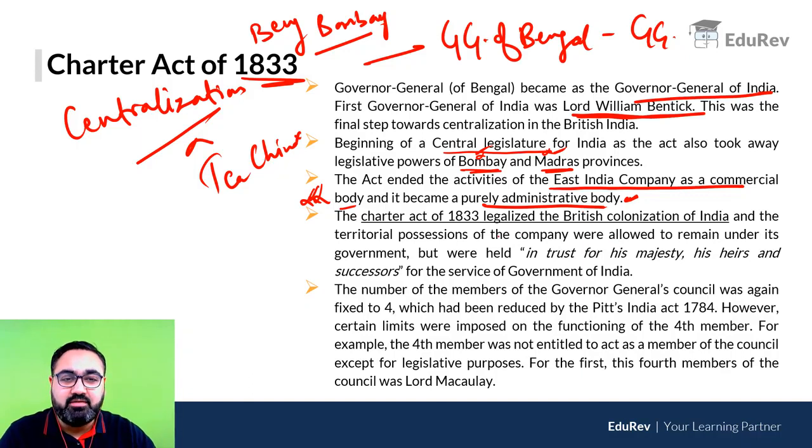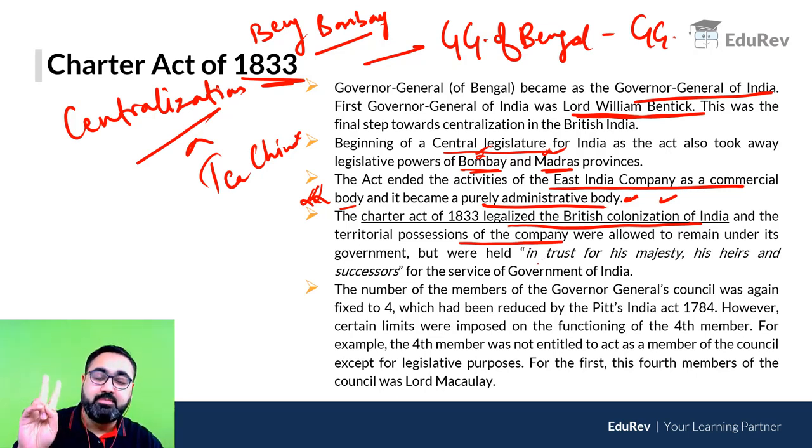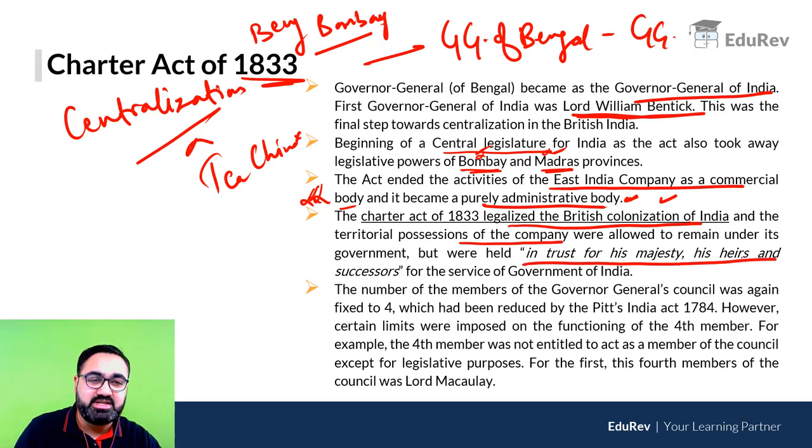That was further enforced when the Act said that the British colonization in India has been legalized and now the possessions of the company will remain under the government but were, and it's very important, quotes open, in trust for His Majesty, his heir and the successors. So the British had mentioned that whatever territories that the company had earlier, that will now all be governed under or in the name of the Majesty, in the name of the monarch and no one else.